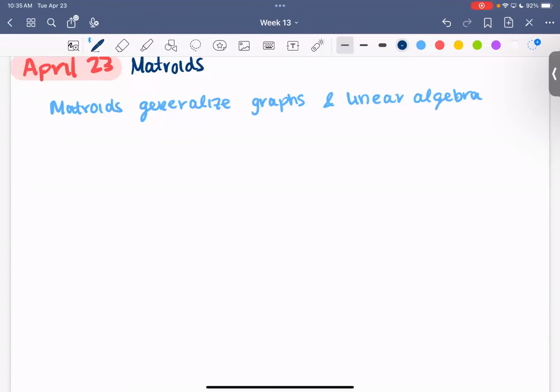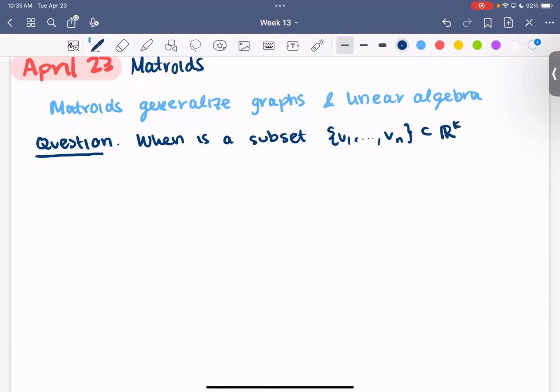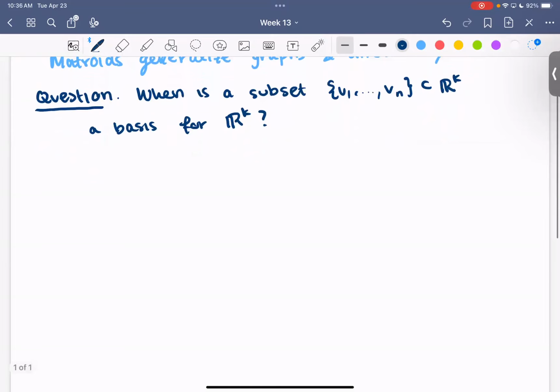We're going to look at the following question: when is a subset of vectors v1 up to vn, let's say inside of R^k, a basis for R^k? Let's look at an example in R^2.